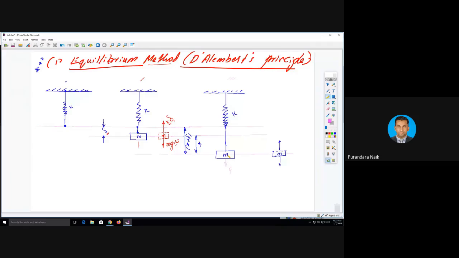If you pull it down, at what distance are you going to pull? I'm going to pull it for a distance of x. So that is the distance traveled. The initial position is this one. Actual position is this one, but due to the self mass, it has moved a distance of delta.